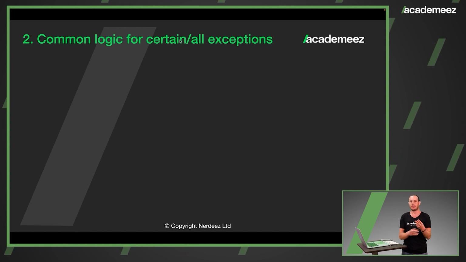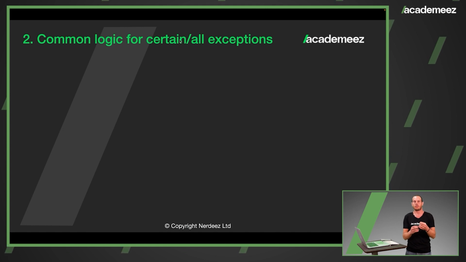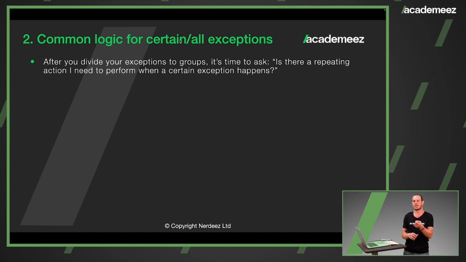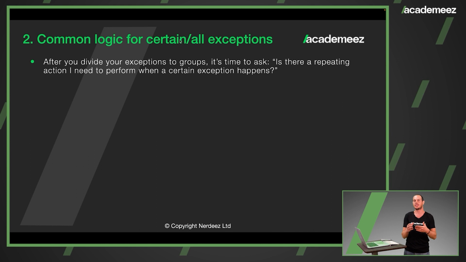Now, the second tip I can give you regarding dealing with exceptions is to use common logic for certain or all exceptions. For example, after you decide about your groups of exceptions, you might think that if I have something that relates to a database query exception, I want to perform this kind of additional action with this exception.